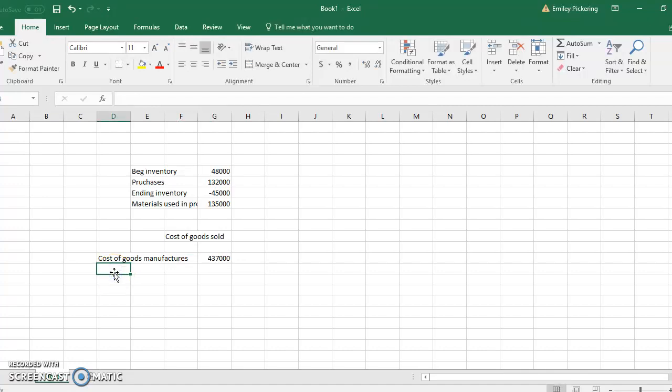And then I'm going to add my finished goods at the beginning of the month, and that was 80,000. And then I'm going to subtract my ending finished goods, and that was 84,000. So my cost of goods sold is 433,000.